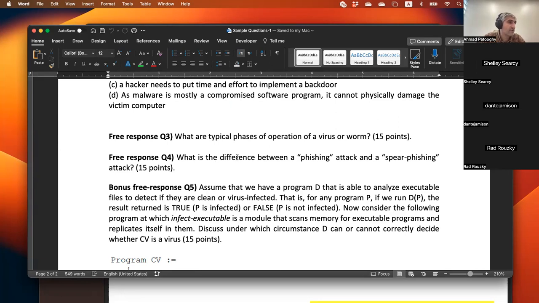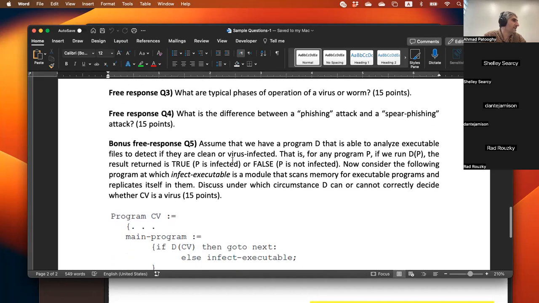These are the 4 phases that we counted and talked about for both viruses and worms. They're on the slide, so I've explained them, and again, here I only ask you to name them. There is no need to explain them.